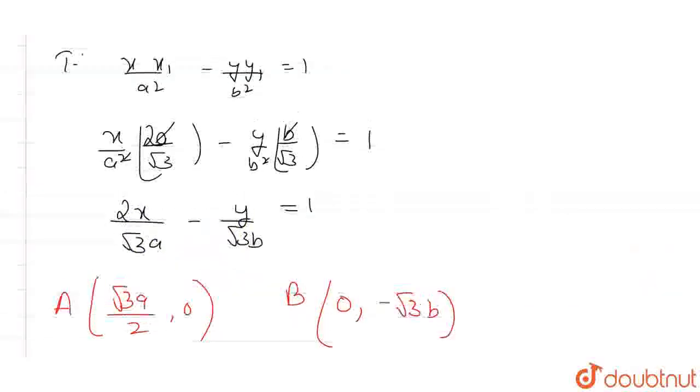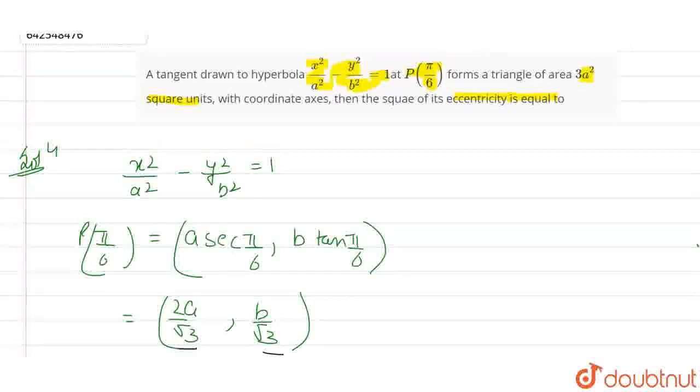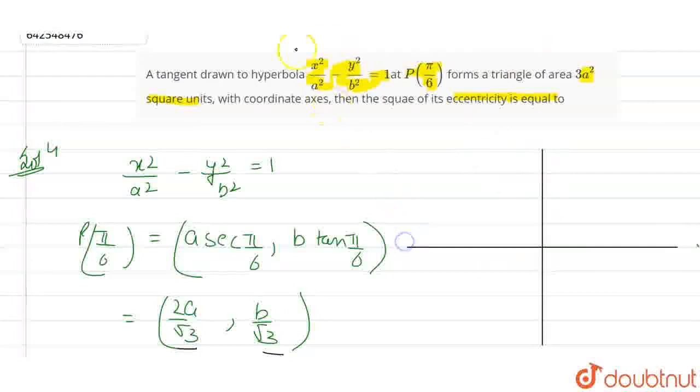First I'll plot the coordinate axes for better explanation. Suppose this one here is my hyperbola, and this is my other hyperbola on this side.